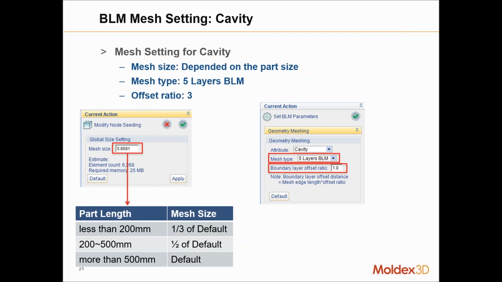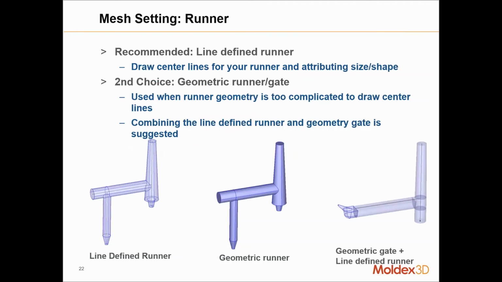Now, that was talking about the mesh for your part, right? What about your mesh layout for the runner? Your runner geometry and your runner mesh can be set up in a few different ways in the software.